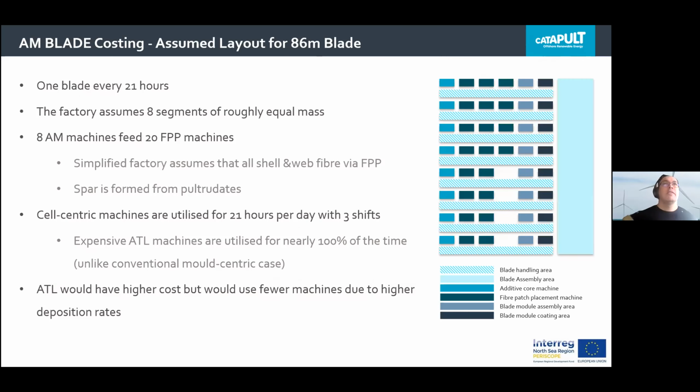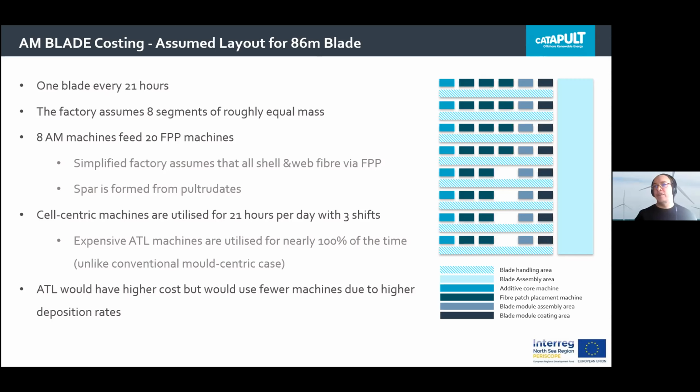So as far as the assumed factory layout, this is a very rough study. So not everything's been taken into really super high level detailed account, but basically these are the assumptions we've used along with that model. So one blade every 21 hours. The factory assumes those 8 segments of roughly equal mass.